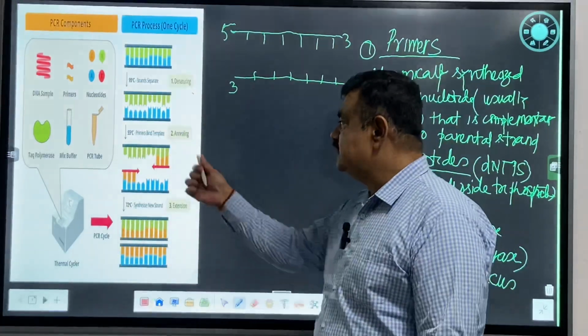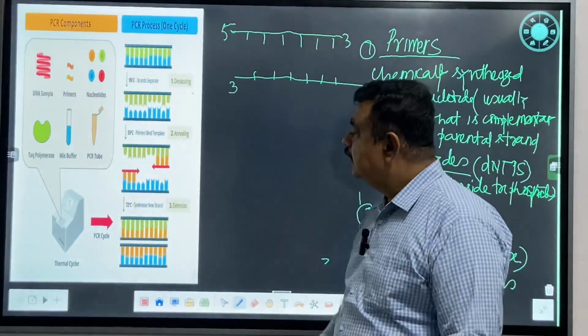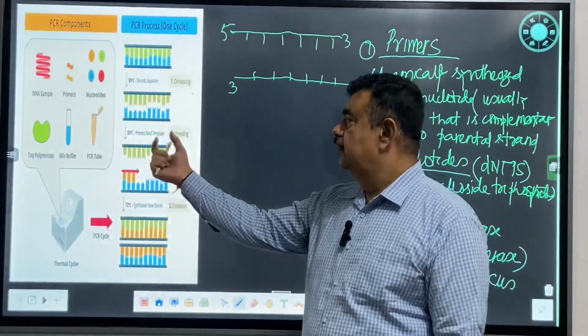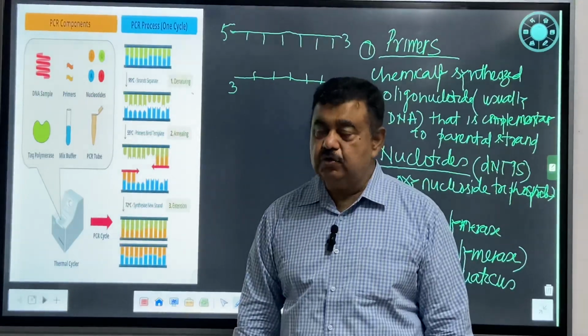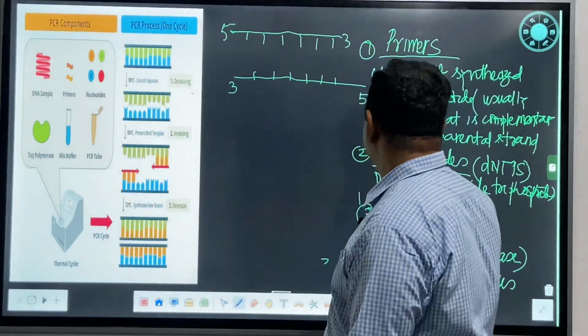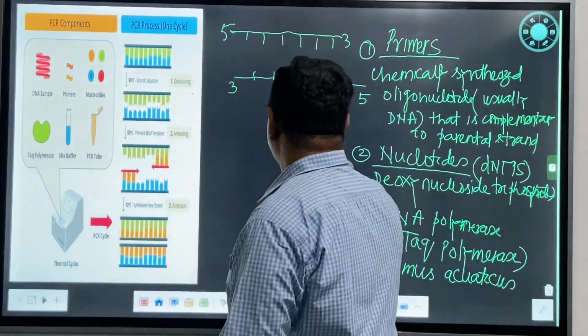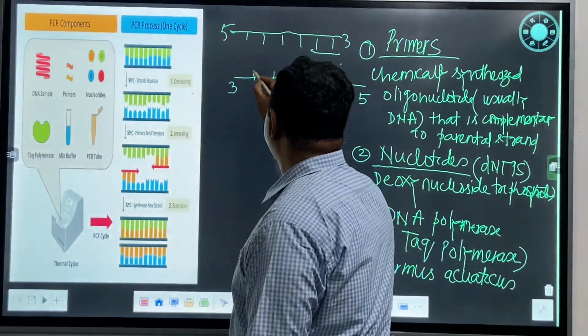After that, the next step is performed, that is called annealing, where the temperature of the thermal cycler is now lowered to 55 degrees centigrade. Due to that, the primers which are present in the reaction start binding on the parental strand.